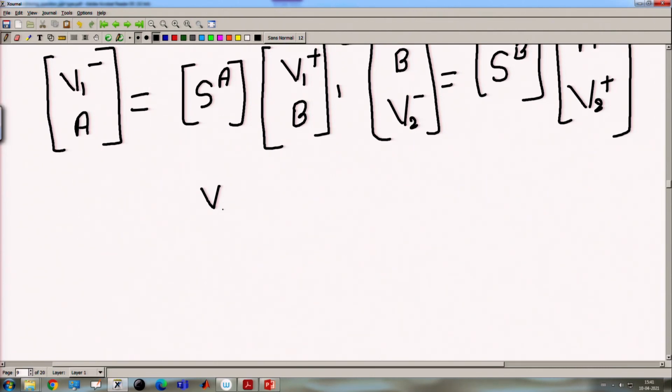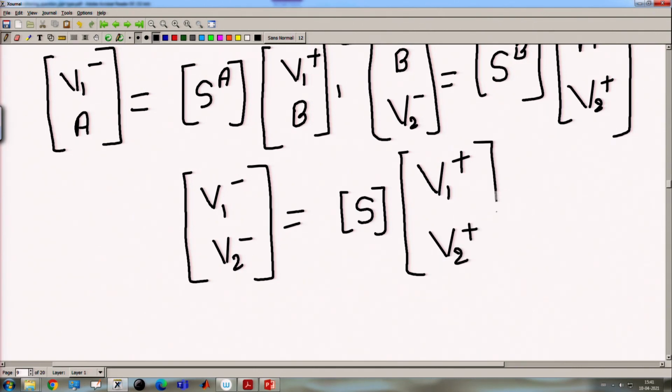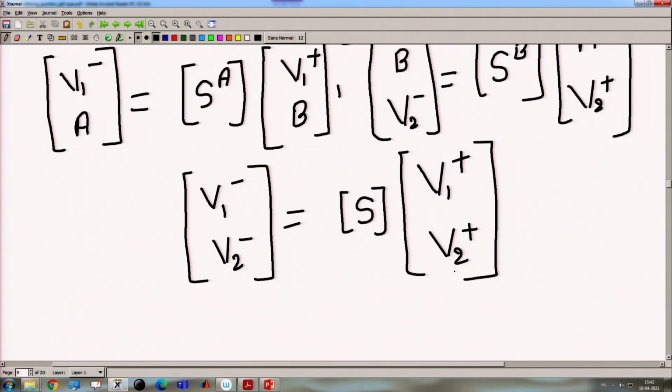For the total we can write V1 minus and V2 minus equal to S times V1 plus and V2 plus. For the overall system, V1 minus is the first reflection and V2 minus is the second reflection. Similarly, V1 plus is the first incoming and V2 plus is the second incoming.